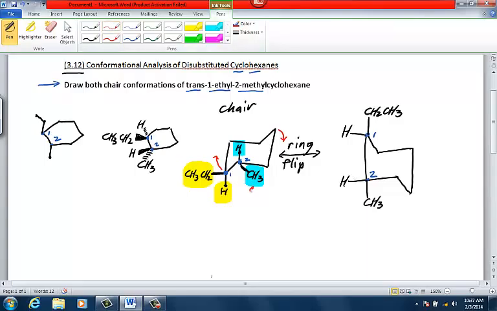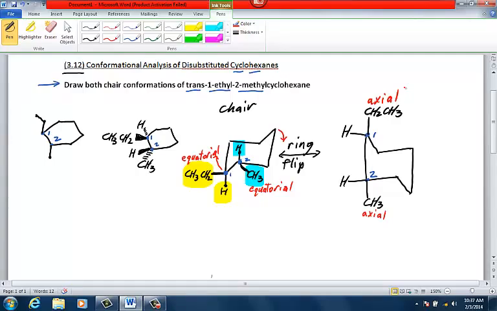It used to be equatorial, equatorial. Now it is axial, axial. Your axial and equatorial groups, of course, reverse when you do a ring flip.